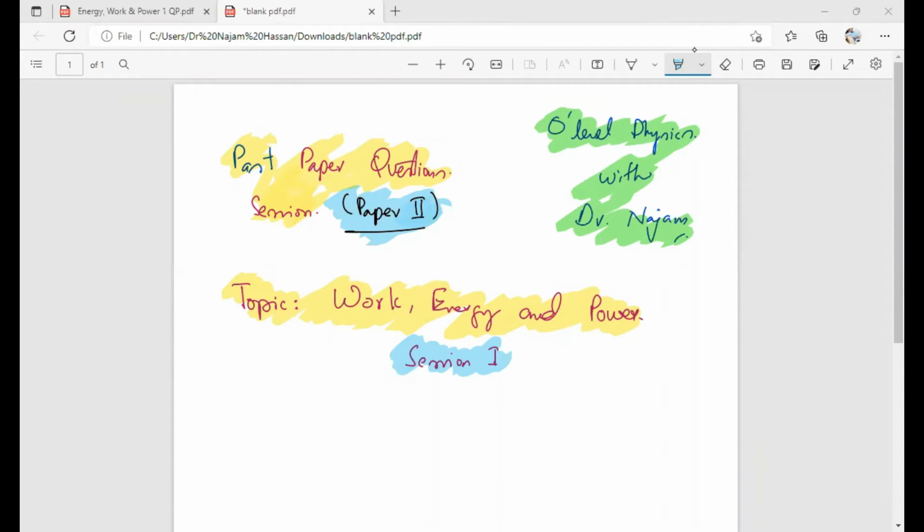So, today is the session of the past paper questions, paper 2 of the topical work, energy and power. This is session 1, the first session of the topical past papers. Before starting the session, kindly recall all the topical aspects, and if you don't, check the lecture of work, energy, and power.